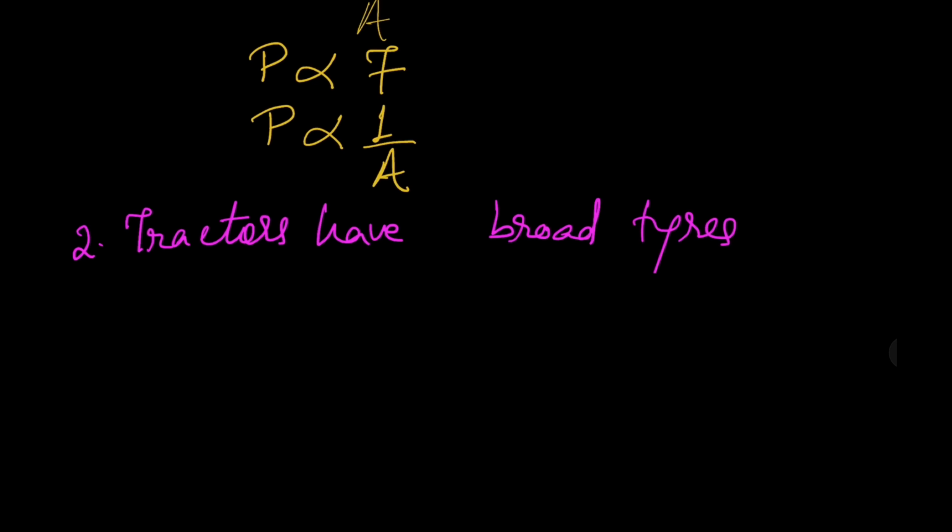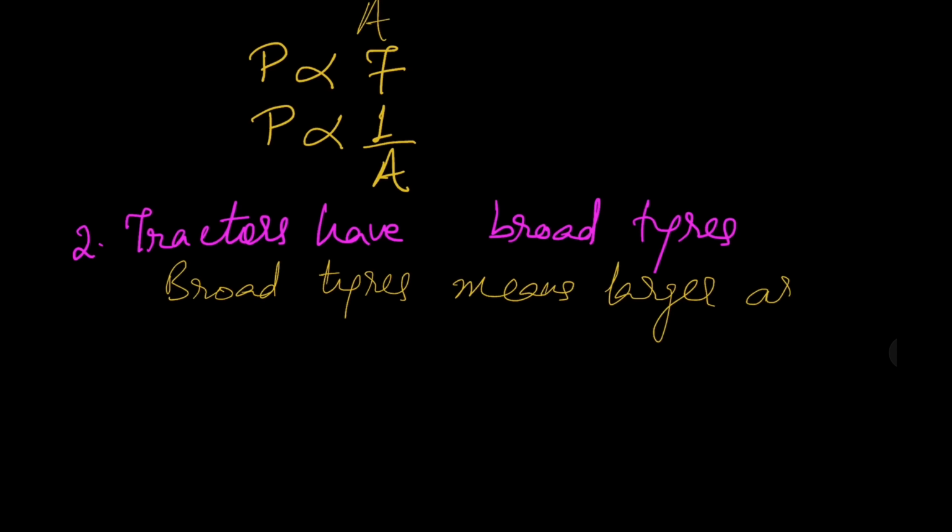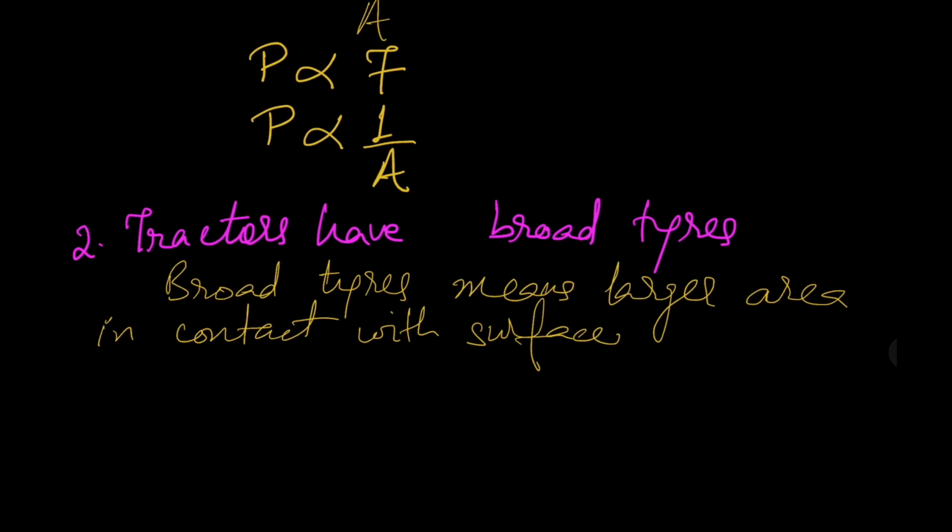Tractors have broad tires because broad tires mean larger area in contact, and the greater the area in contact, the lesser is pressure.